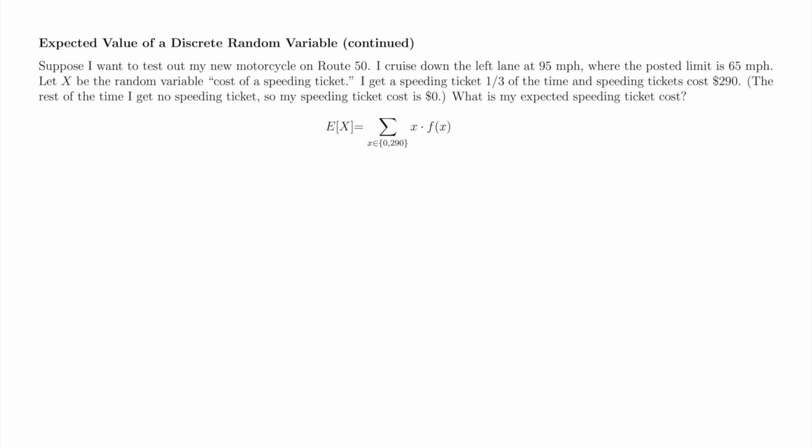The sample space is the set of possible speeding ticket costs, namely $0 and $290. Now, expand the sum. The probability of no ticket is 2/3, and the probability of a $290 ticket is 1/3. The expected ticket cost is $290 over 3, which is 96 2/3 dollars.